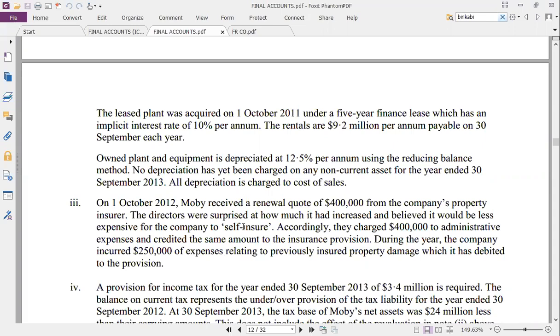Accordingly, they charged $400,000 to administrative expenses and credited the same amount to the insurance provision. During the year, the company incurred $450,000 of expense relating to the previously insured property damage, which it has debited to the provision.